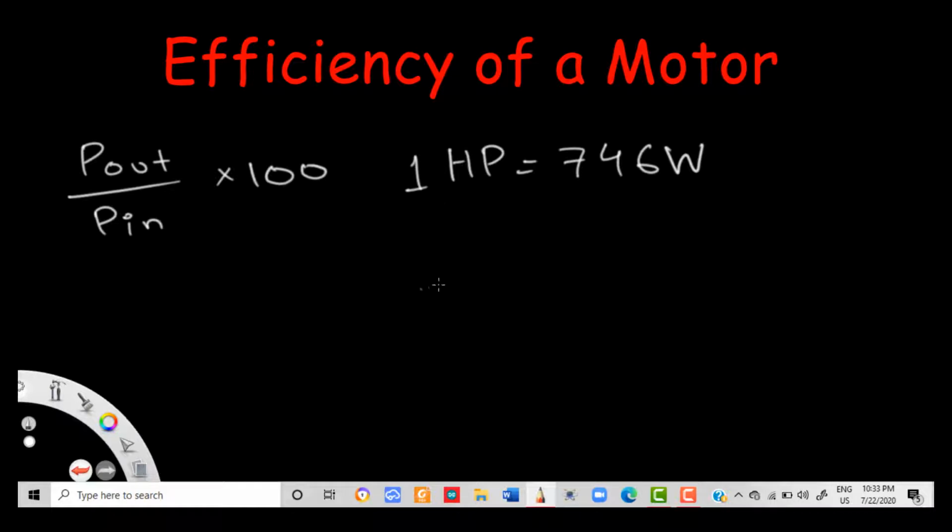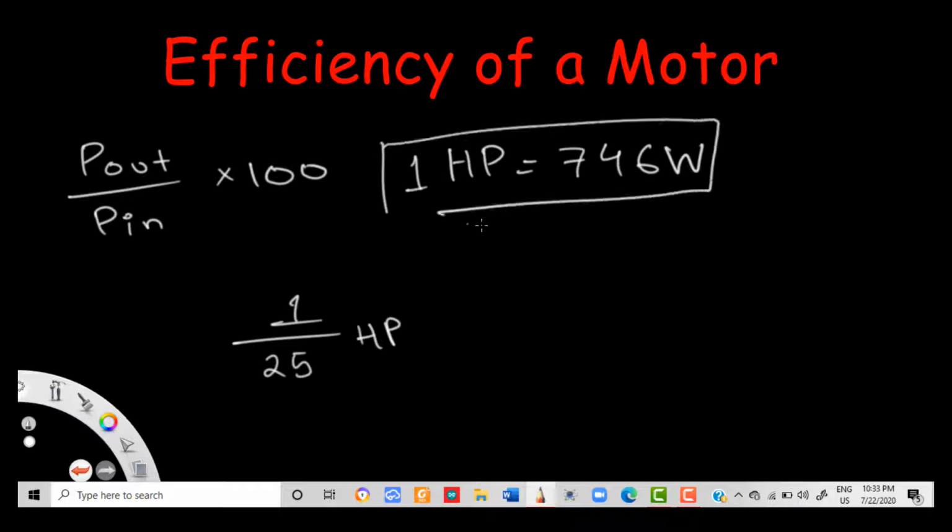So let's say that we have a motor that is rated at 1/25th horsepower. Okay, we know that 1 horsepower equals 746 watts. So 1/25th horsepower will equal 1/25th times 746. Okay, you see the relationship?